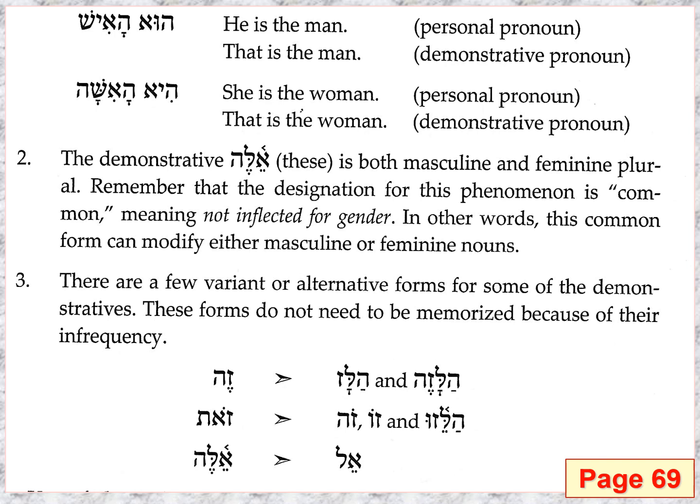That is the woman. And again, notice in number 2 here, as we've mentioned, with ele, these, masculine and feminine. This is called common. And so we're not going to inflect it for masculine or feminine. It can take masculine or feminine nouns as what it's modifying.